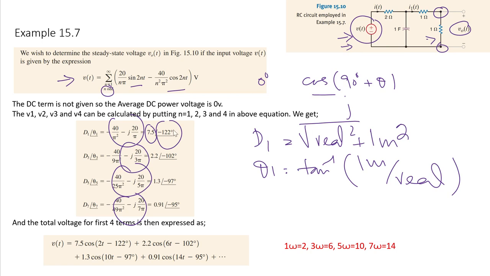And once we get this phasor term, let's say this is 7.5 angle minus 122. So this is 0 degree and it is minus 90 degree, and here it is minus 122 degree. So its length is 7.5 and its angle is minus 122 degree.